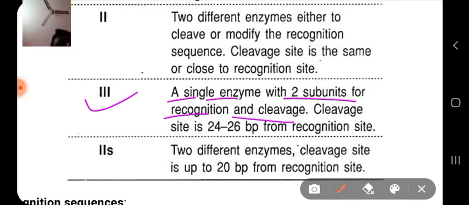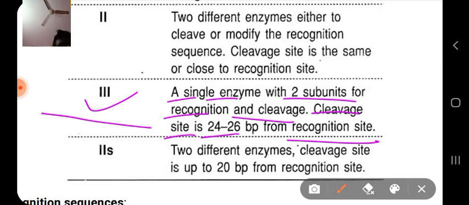Now this type 3 restriction enzyme is made up of two subunits that will recognize the specific sequence and cleave. Cleavage site is 24 to 26 base pair from the recognition site.